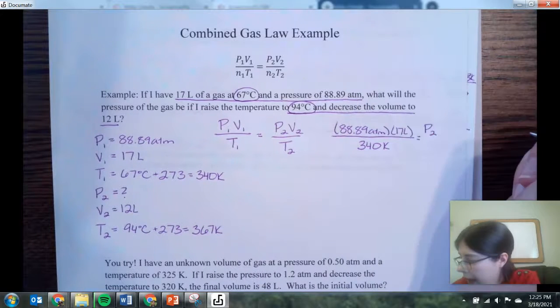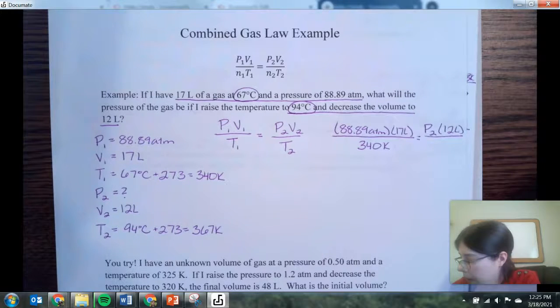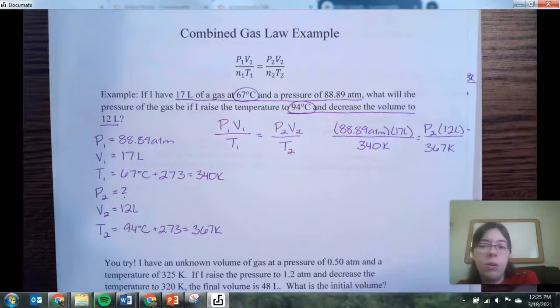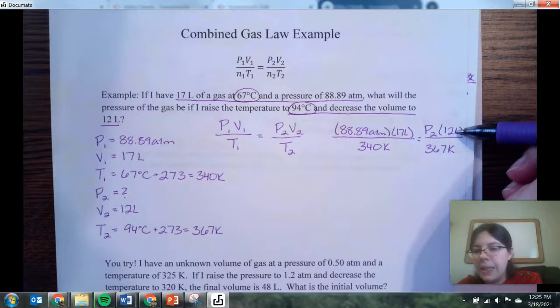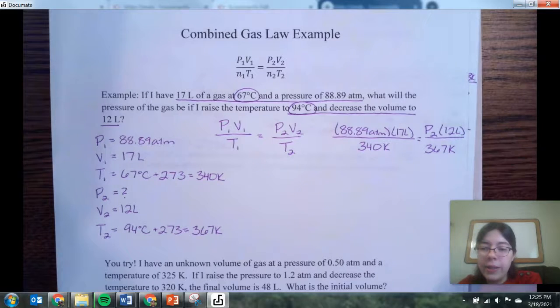My final volume is 12 liters, and my final temperature is 367 Kelvin. Okay, so basically what we're going to do now is get P2 by itself. I could cross multiply and then divide, or the easier thing to do, I'm going to multiply both sides by the inverse of this fraction. So I'm going to take 367 divided by 12 and multiply that by both sides.